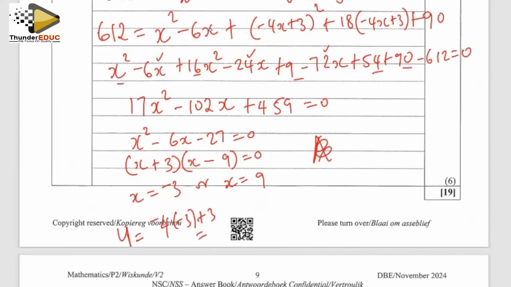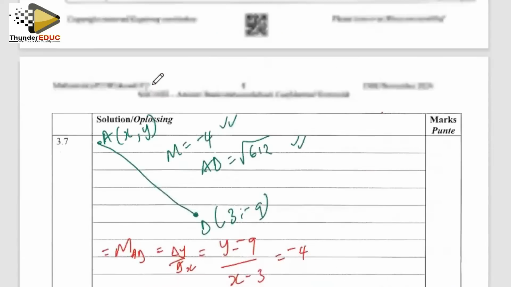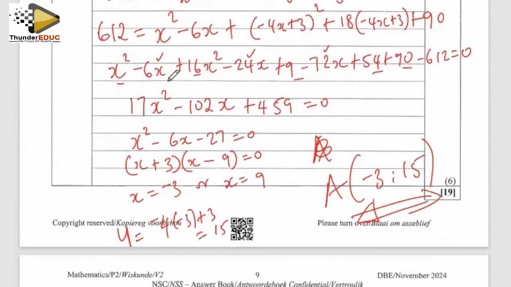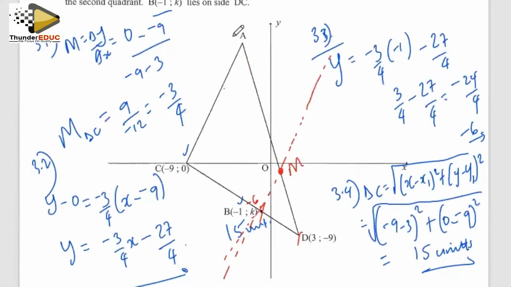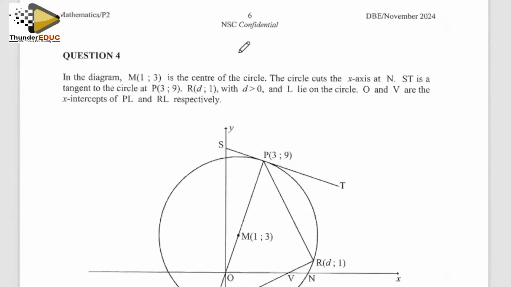This is going to be 12, and then 3, which is 15, which means the coordinates of A are -3 and then 15. So that is how this question was meant to be approached. All right, that is question number 3.